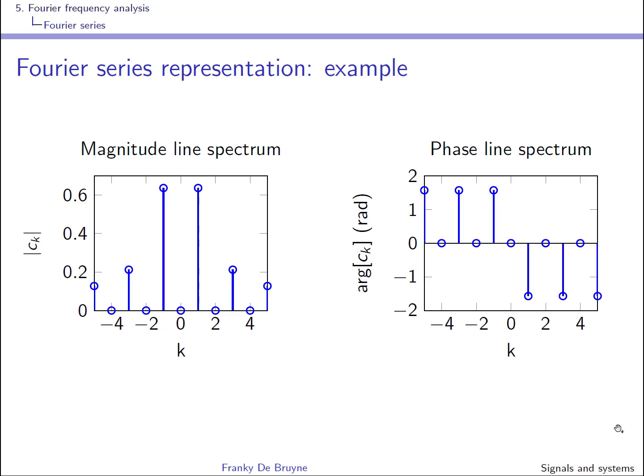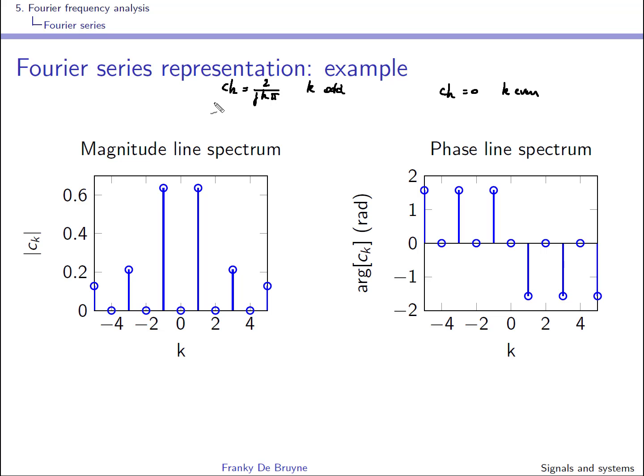So let's have a look at these spectra in the case that we've considered in the course, this function that was periodic and switching between 1 and -1. Remember that ck is equal to 2 over jk pi for k odd, and we had ck is equal to 0 for k even.